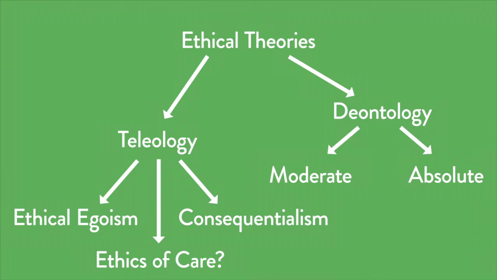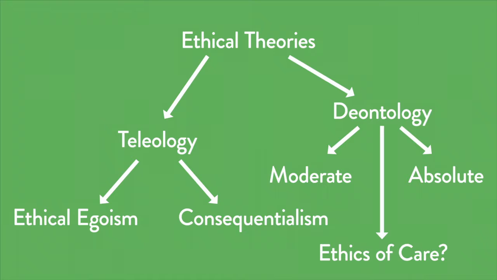Though I will say, perhaps, because there is so much importance placed on the relationships themselves, this might make relationships something different from the mere goodness of outcomes. And so maybe ethics of care is actually a deontology where relationships have some kind of inherent moral value that's separate or different from the goodness of outcomes.